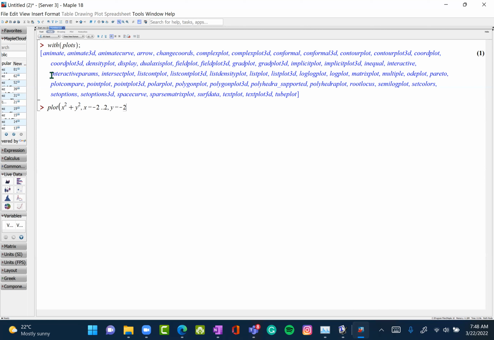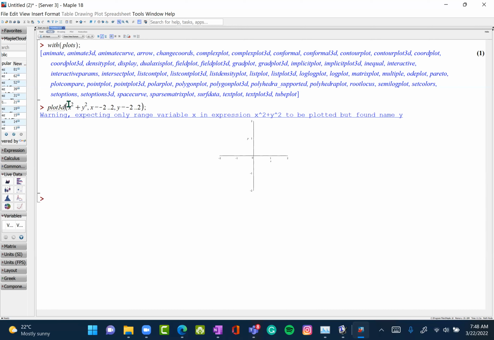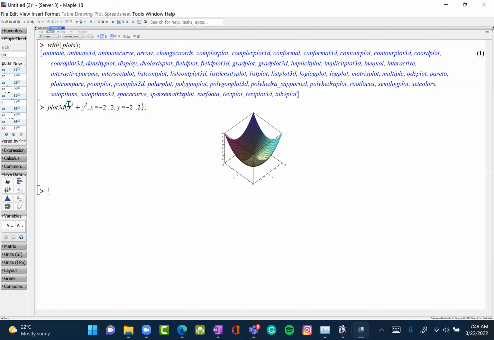Okay. Sorry, get this command. Plot 3D. All right, so this is the thing. This is parabola. Sorry, paraboloid.